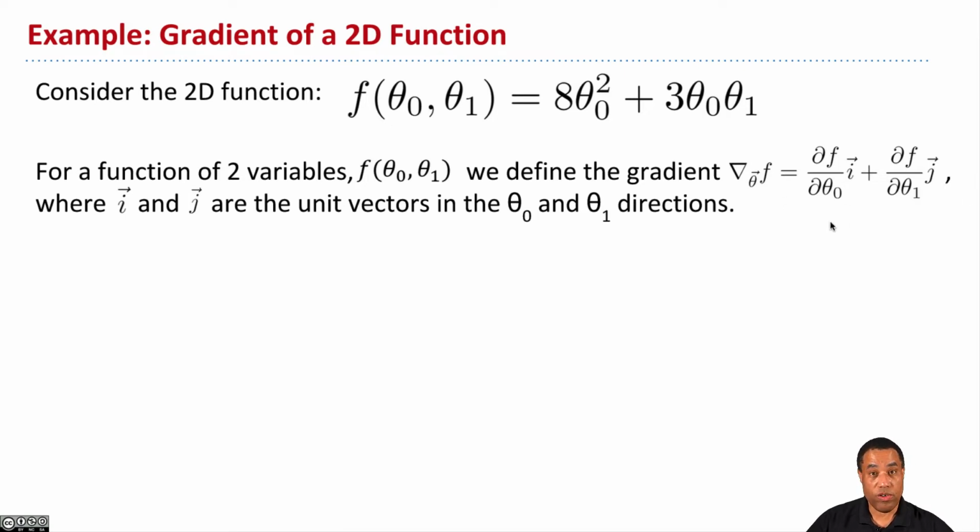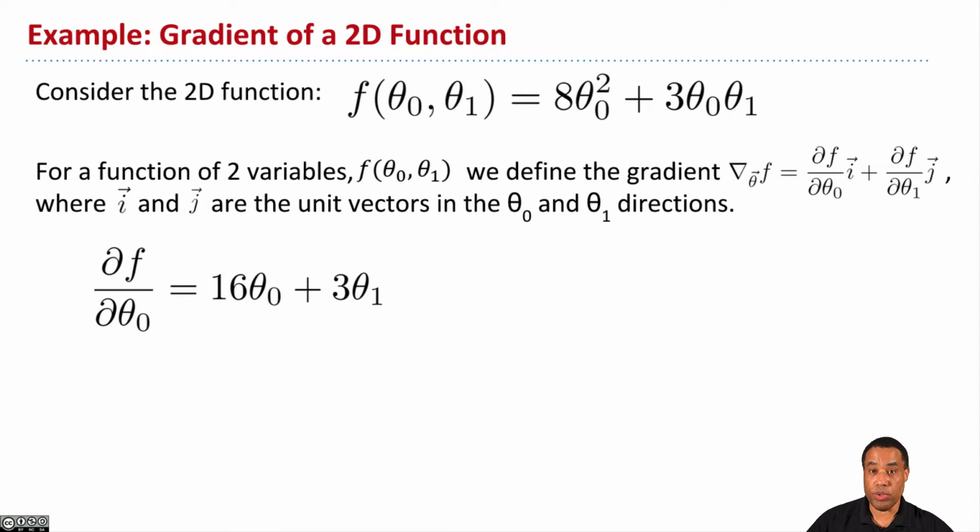The partial derivative of our function with respect to theta 0 times the unit vector i, plus the partial derivative of our function with respect to theta 1 times the unit vector j. Okay? And i and j are just unit vectors in the theta 0 direction and in the theta 1 direction. So I'll start by showing you the partial derivative with respect to theta 0.